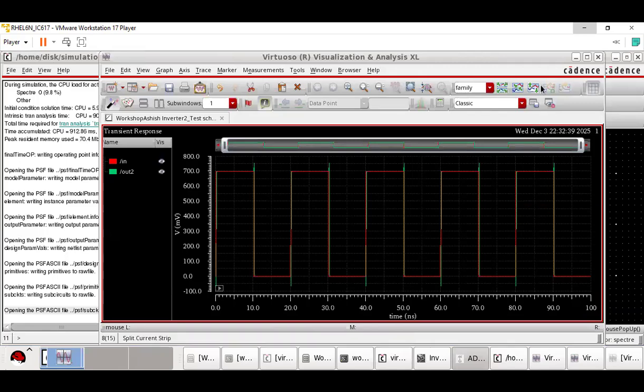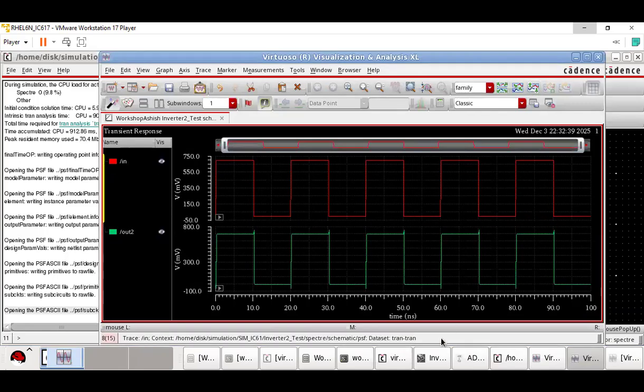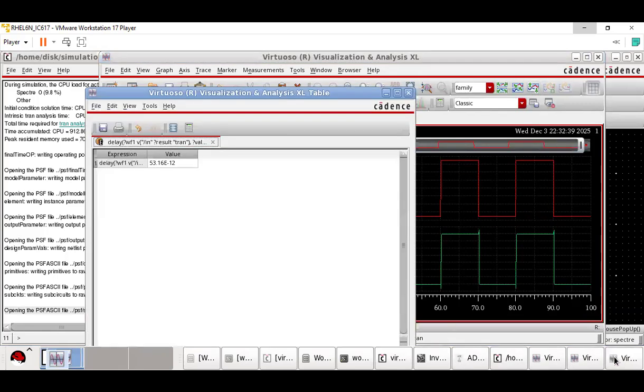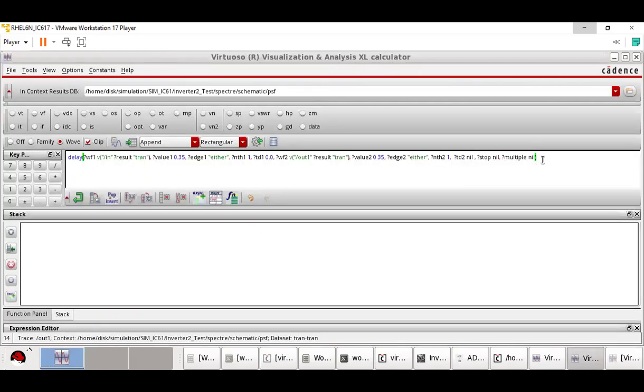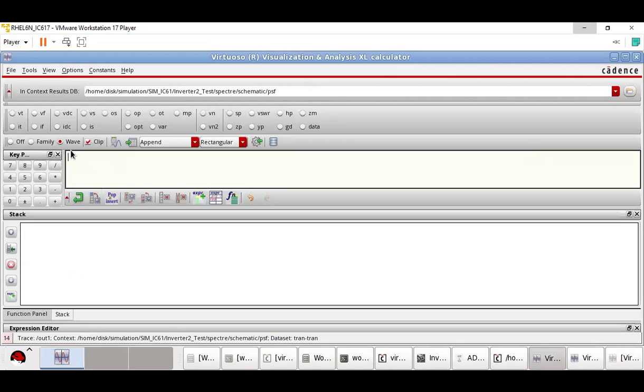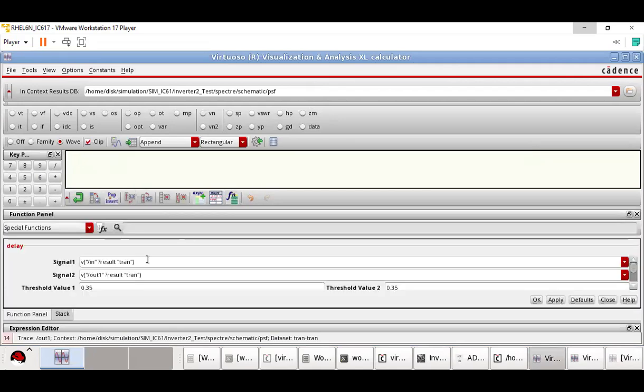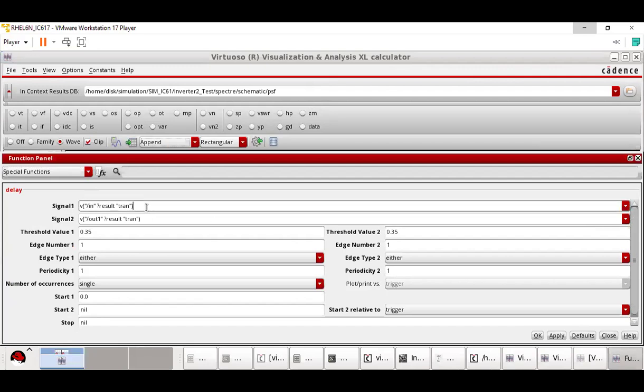This is your wave shape, and then you start doing the same process. Go to tools, calculator. I'll show this process a bit quickly now. You see there is already given 0.35, 0.35.